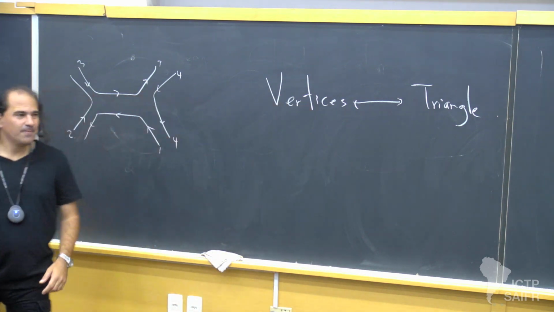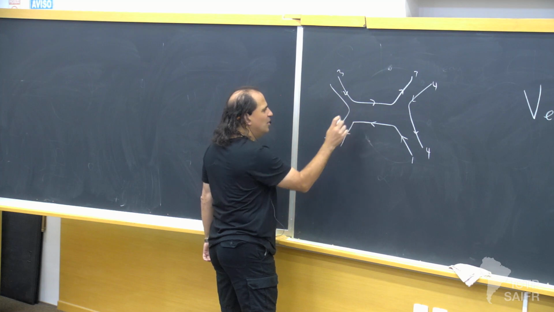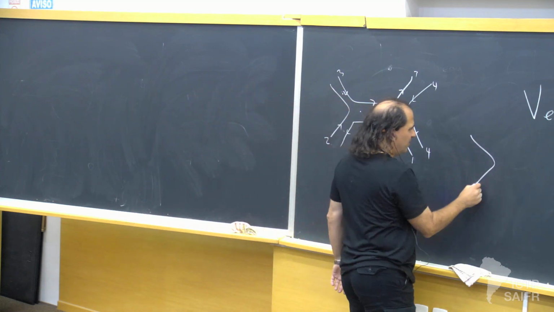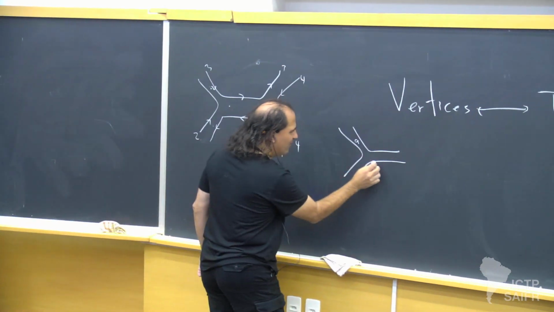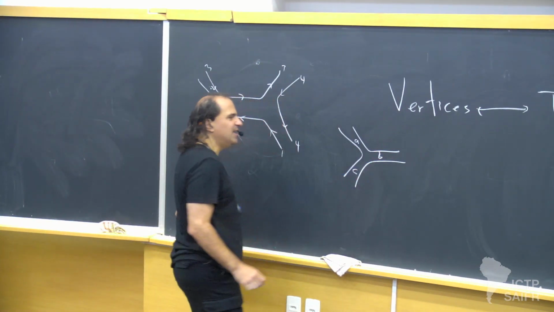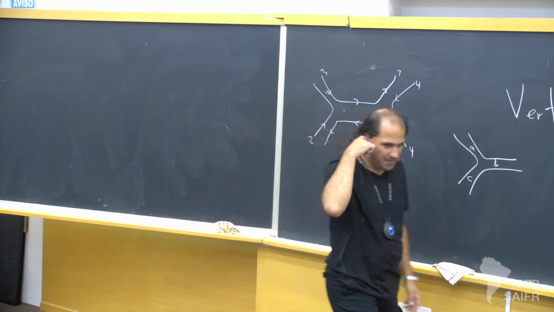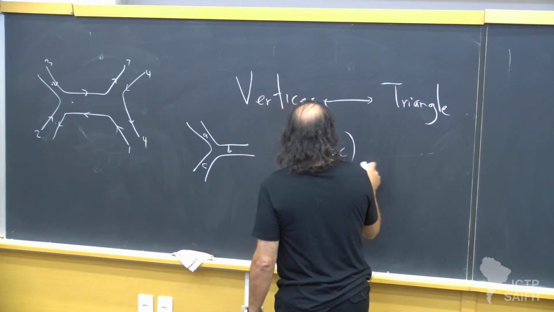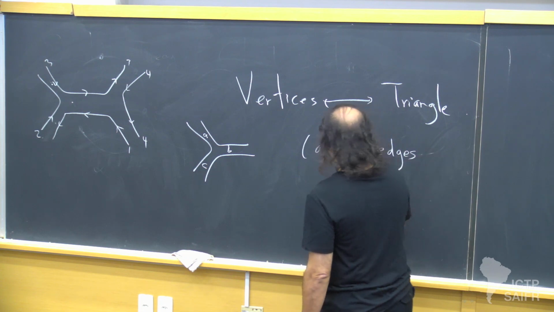Now, it's a fat graph, so you can think of the roads of the fat graph. Let me just call this road A, this road B, the edges C, right? ABC correspond to the edges of that triangle.